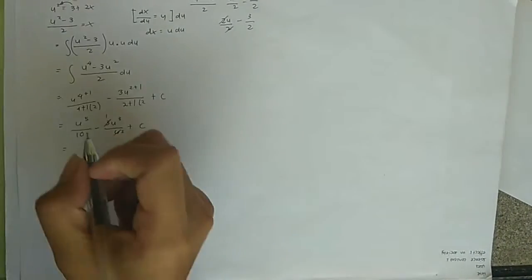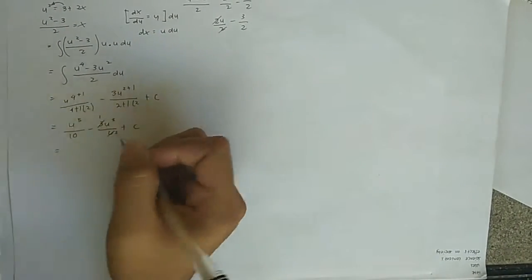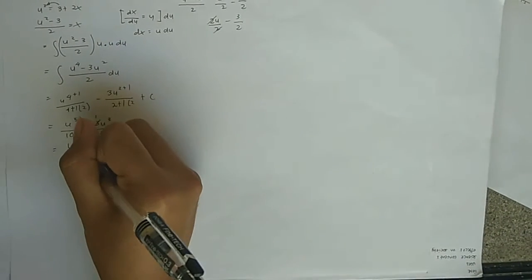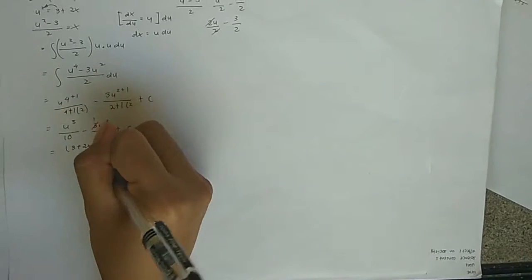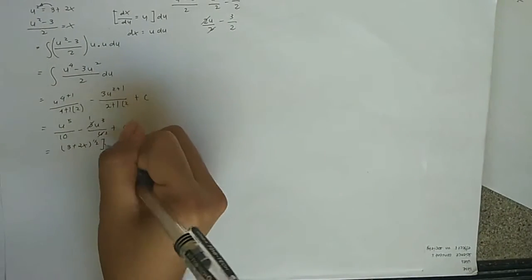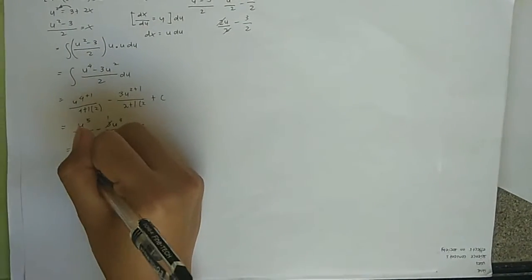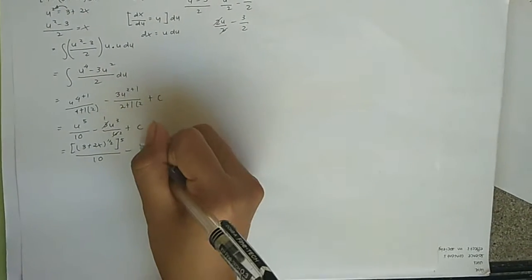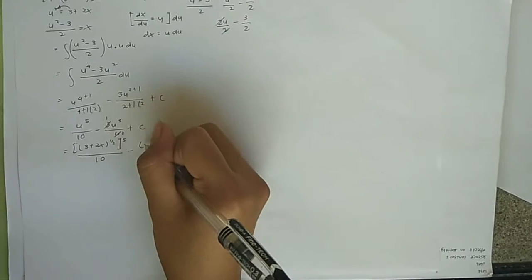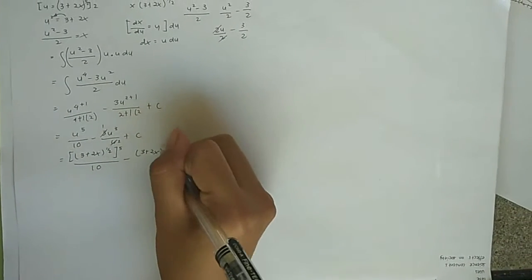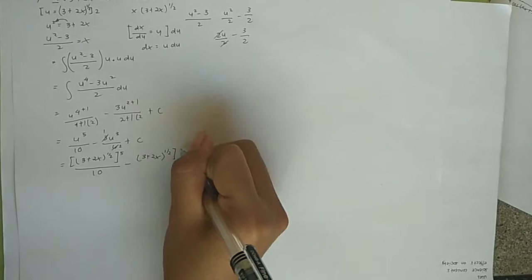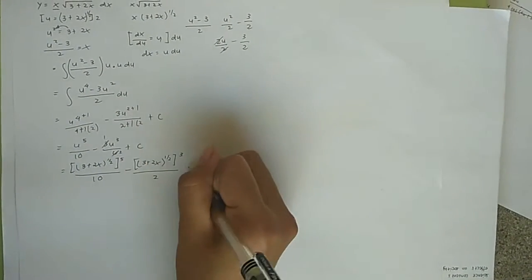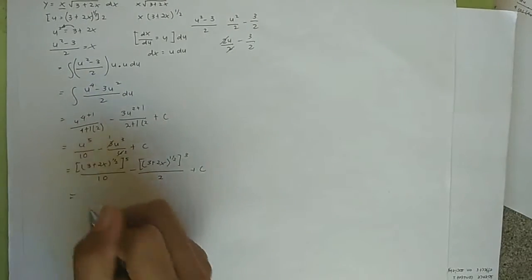Now we're going to substitute the value of u into this equation. 3 plus 2x raised to 1 half, raised to 5, over 10 minus 3 plus 2x raised to 1 half, cubed, times 3 over 2 plus c.